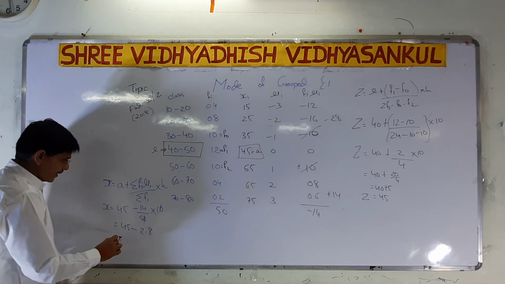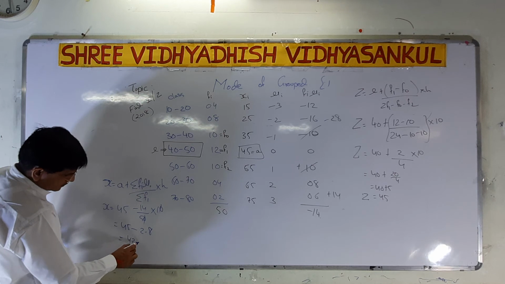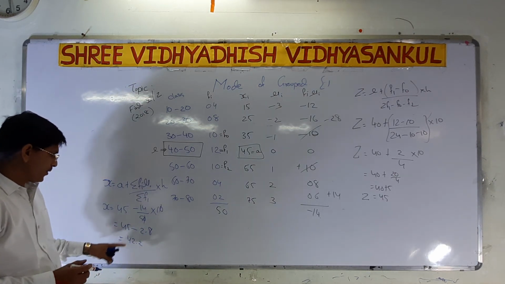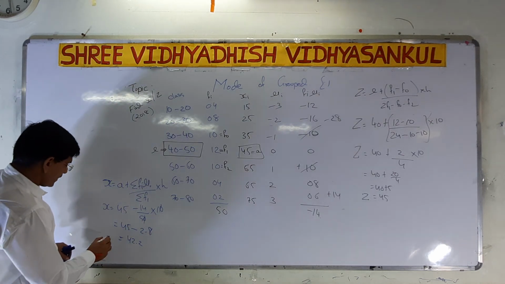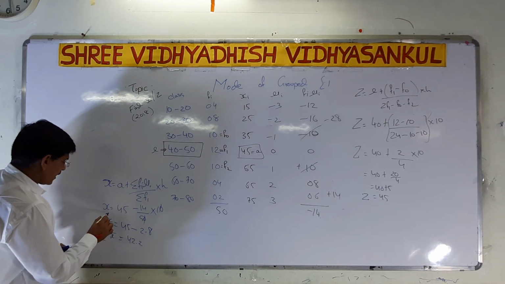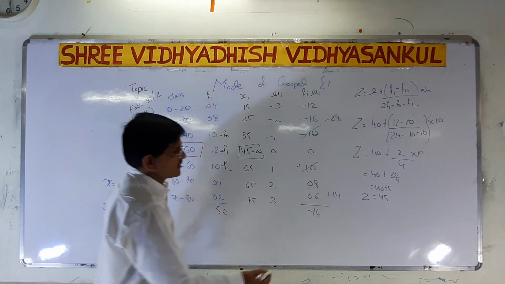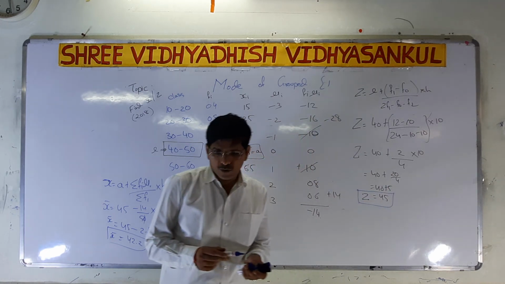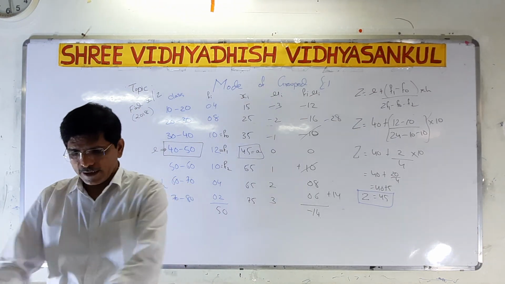So 45 minus 2.8, that is 42.2. So the answer is 42.2. That is X bar. X bar is 42.2 and Z is 45. So in the board exam, they ask both types of sums.